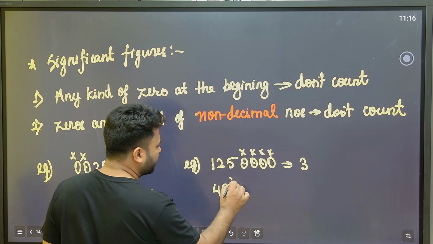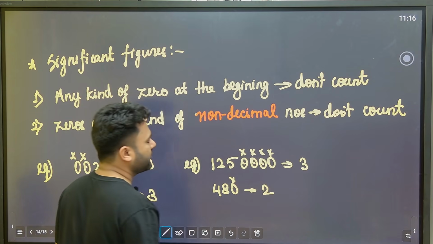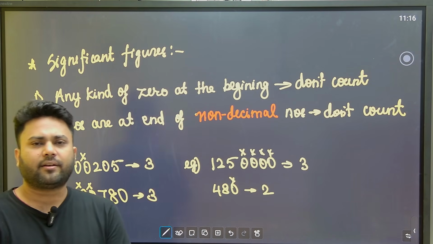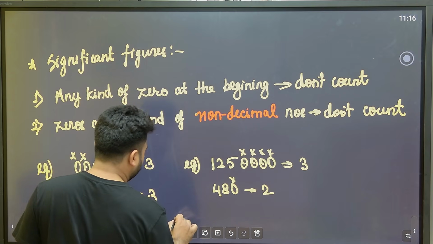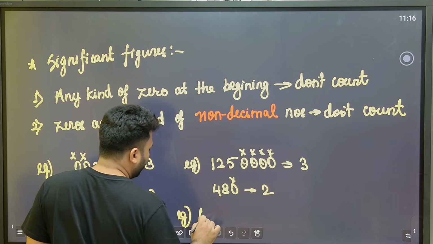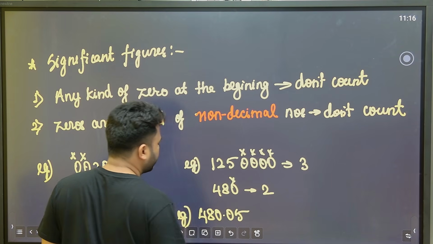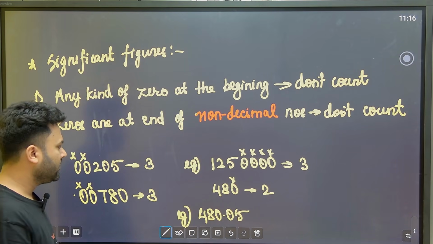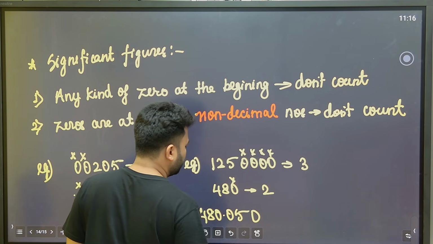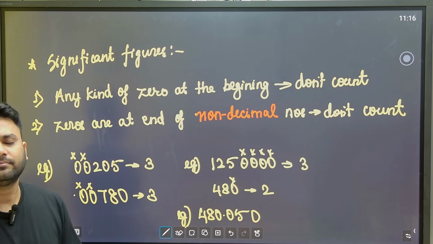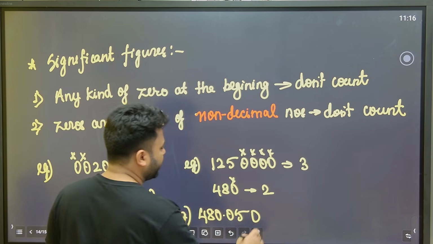So don't count this. 2 significant figures. Correct. But suppose, for example, someone gives 480.05, and they ask how many significant figures here.